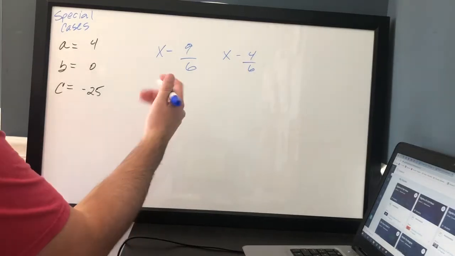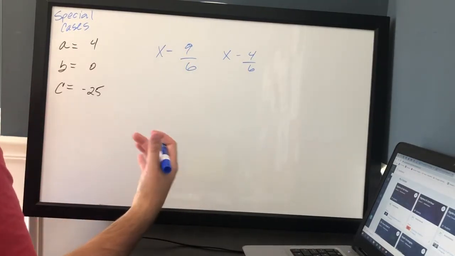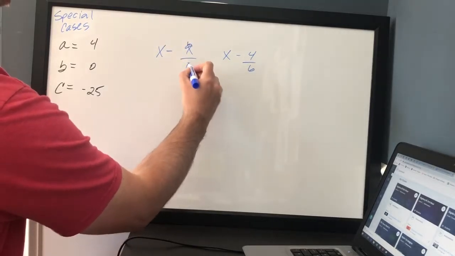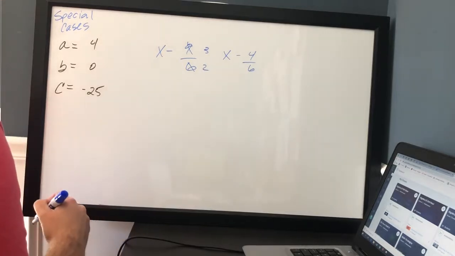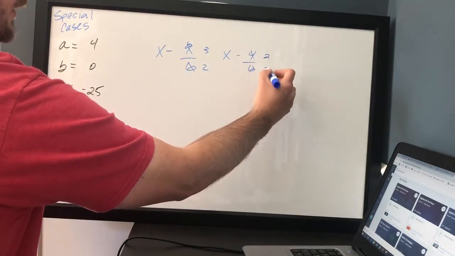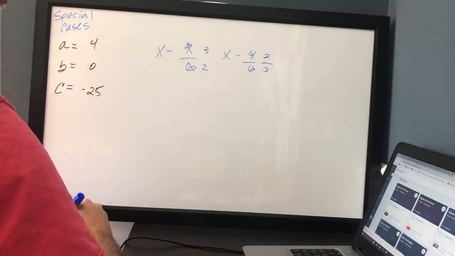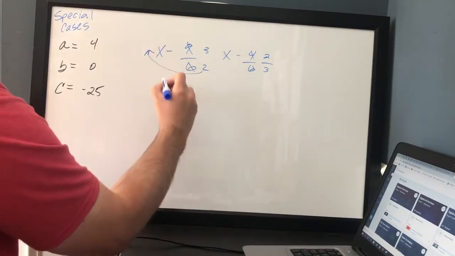If your number doesn't become a whole number, you simplify and you still apply the bottoms up method. So in this case, 2 goes into both of these, so 3 and 2. Over here, 2 goes into both of these, 2 and 3. At this point, you now have this. Nothing else simplifies, so the bottom comes up.